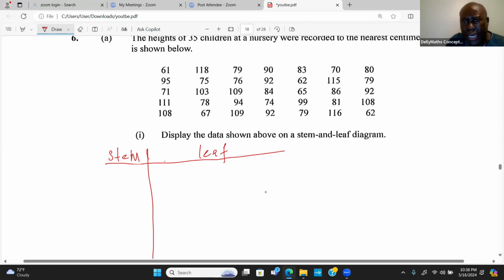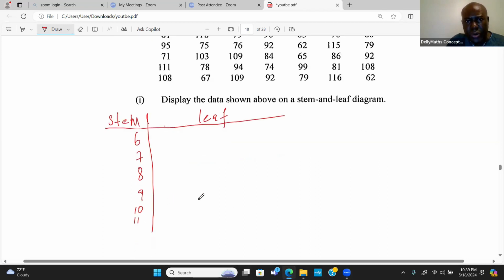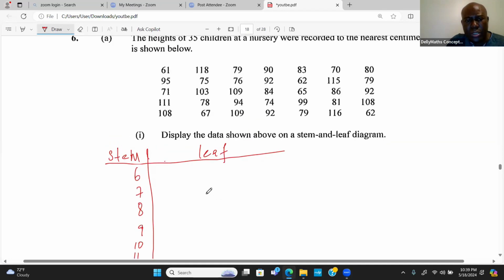So I'm looking from 60 onwards. We have the 60s, 70s, 80s, 90s, the hundreds, and 110 going up there.